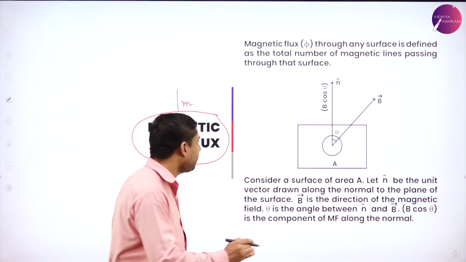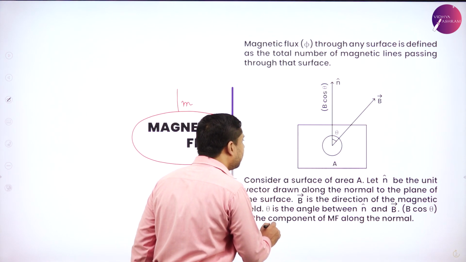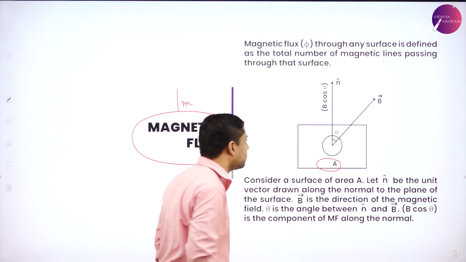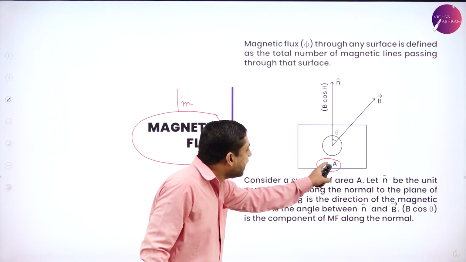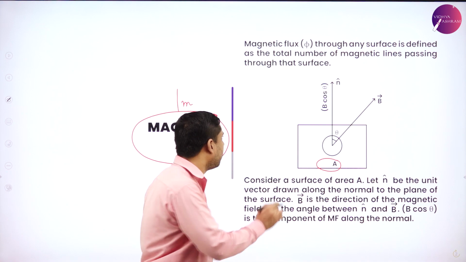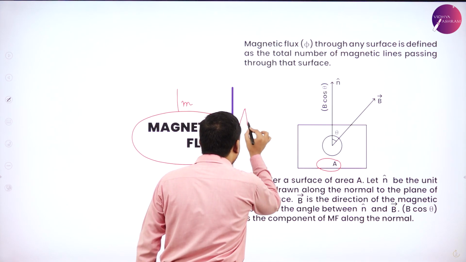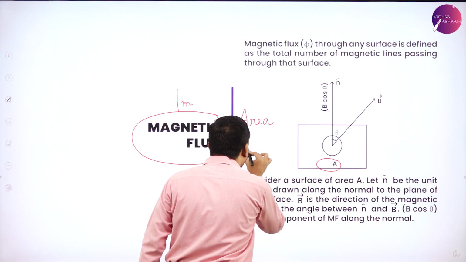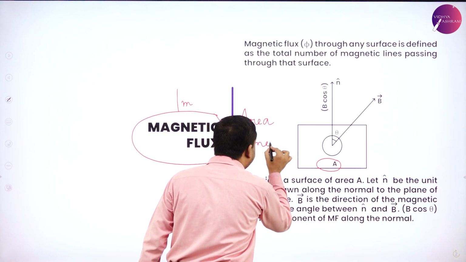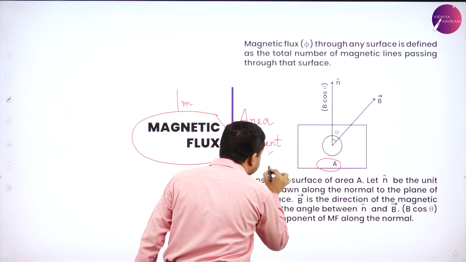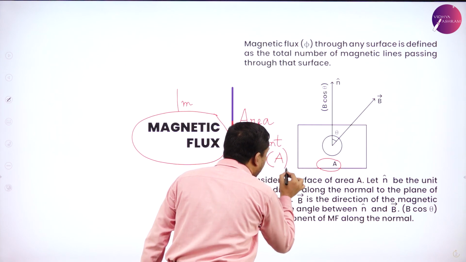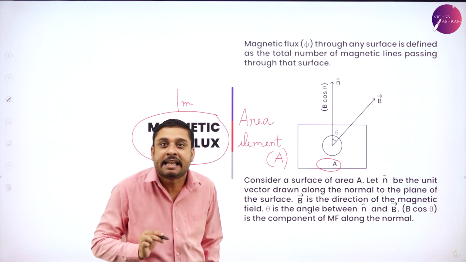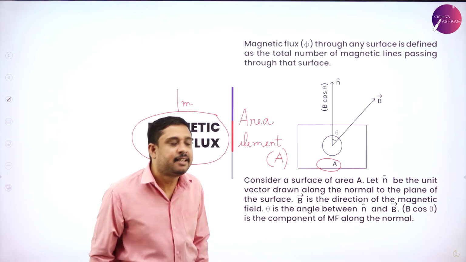Now, I'll consider a surface of area A. So, I have considered an area element, some surface of area A.